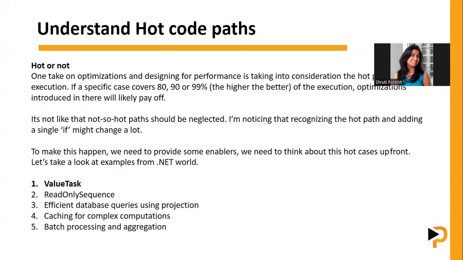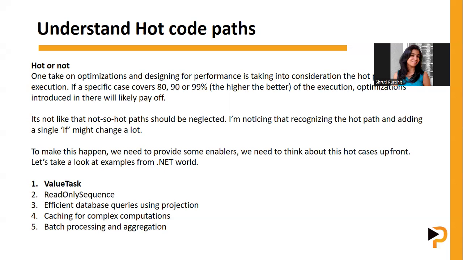So obviously we have to check the performance of that code. It's not that not-so-hot paths should be neglected. There are some blocks of code which are not frequently used, but they are important, right? So that thing also we have to take care of.